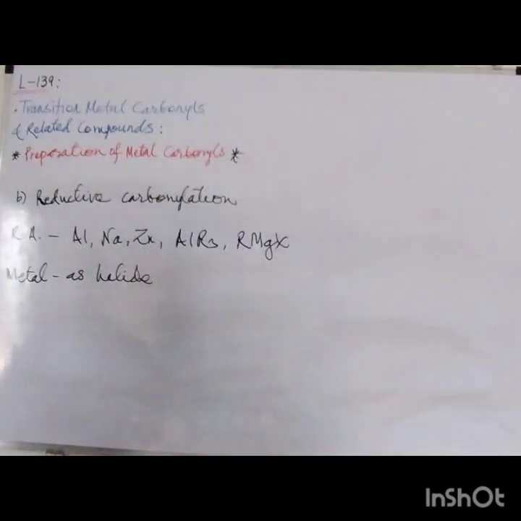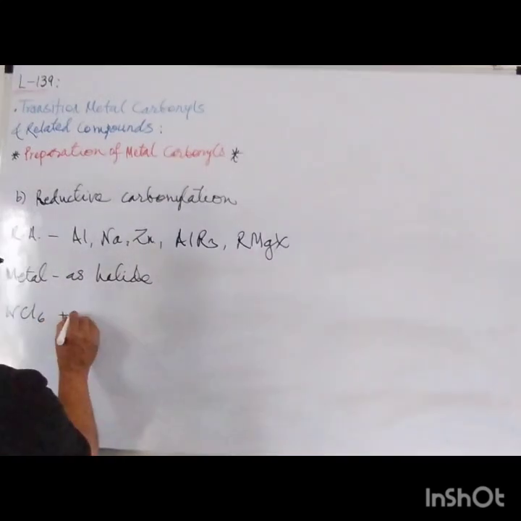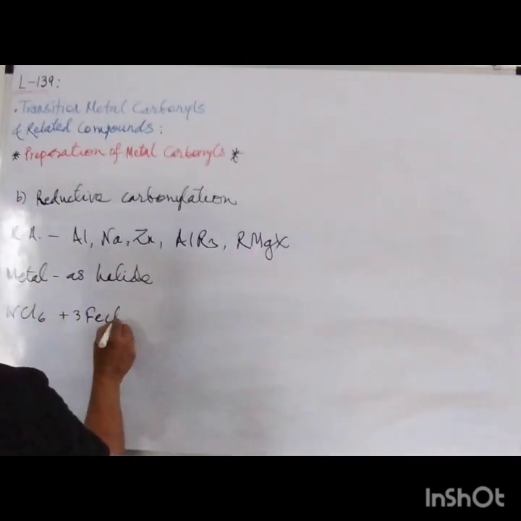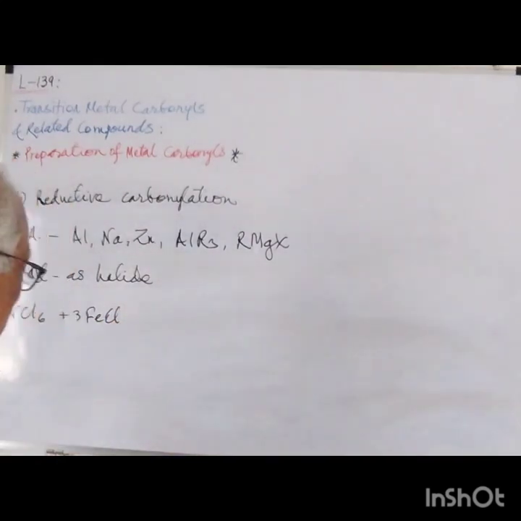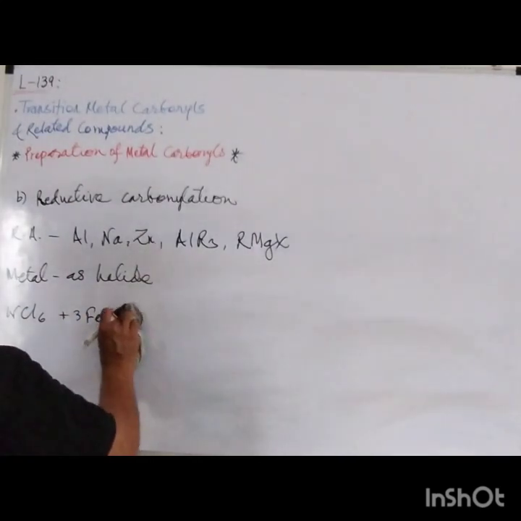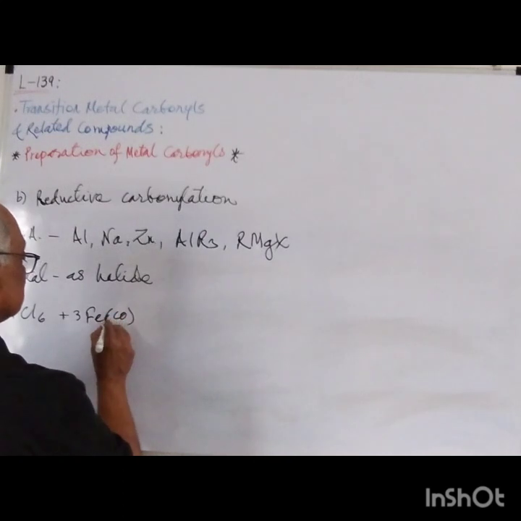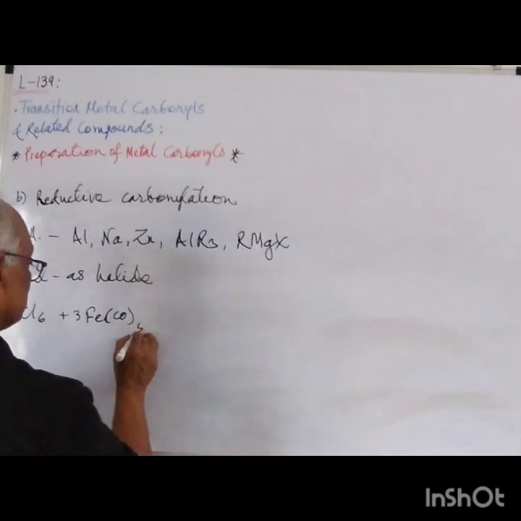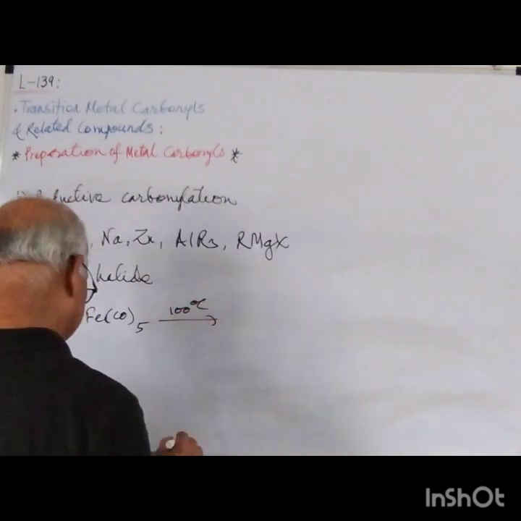Another example is the preparation of tungsten carbonyl using its halide: WCl6 plus thrice Fe(CO)5 at 100 degrees centigrade.